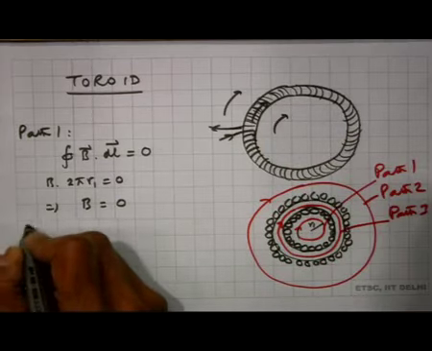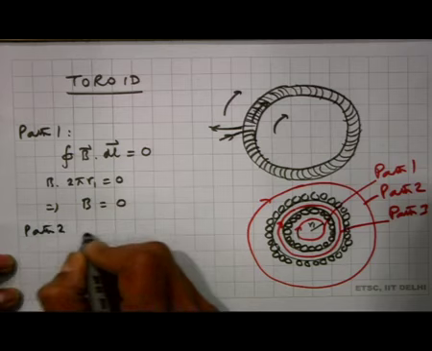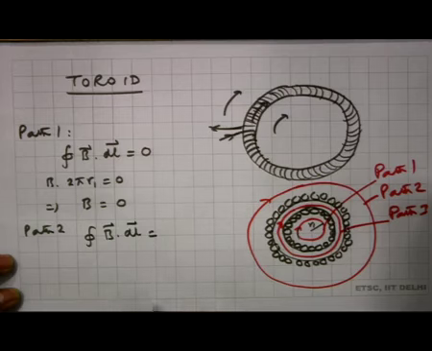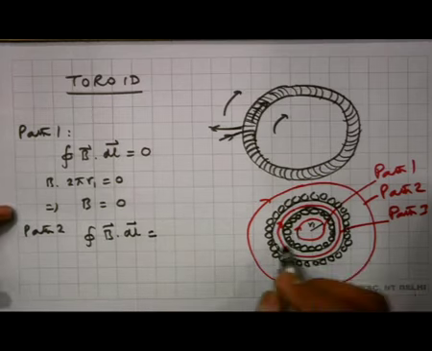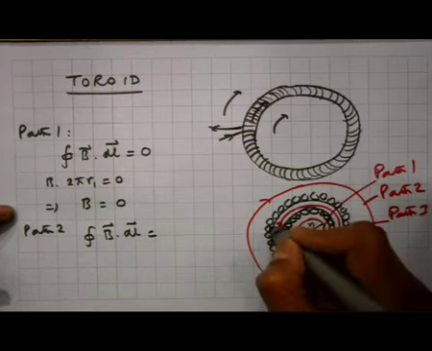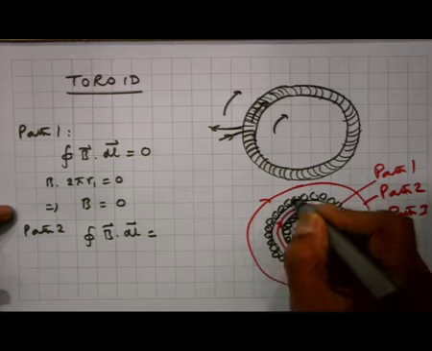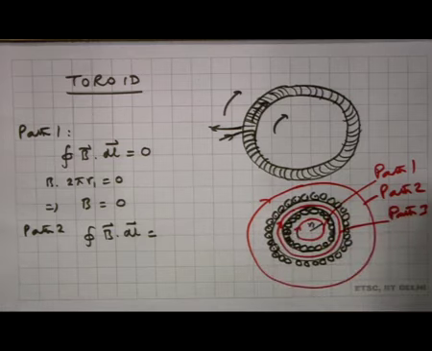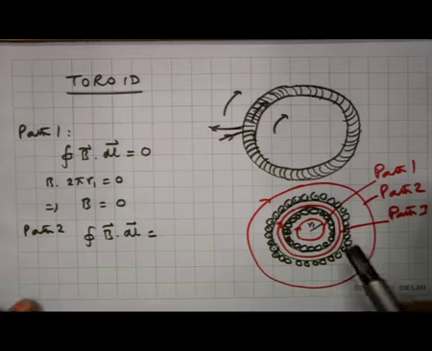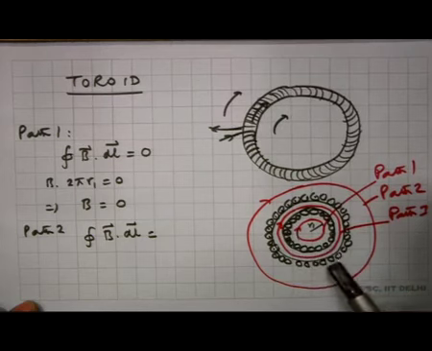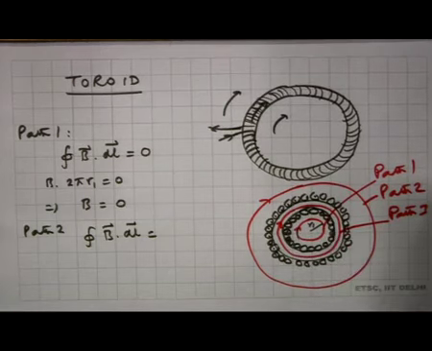Similarly, in path 2, integral B dot dl is equal to, now look here, there are coils with currents enclosed. Let me assume the current is coming out towards me here and going in here. You can see that the number of turns here and the number of turns here are exactly equal, and all the coils carry the same current.